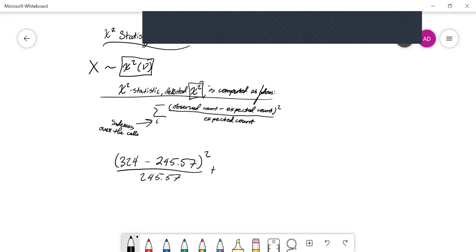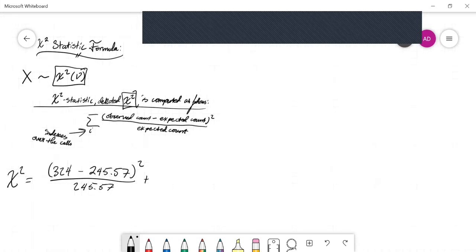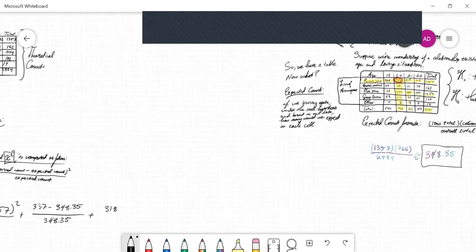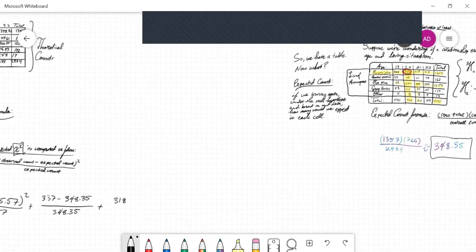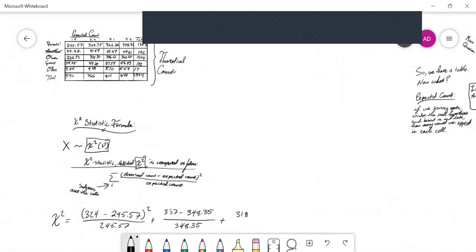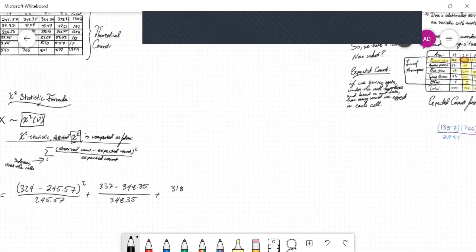So here I'll write chi-squared equals 348.35, 348.35, 337 plus 318, 318, 324, 378.